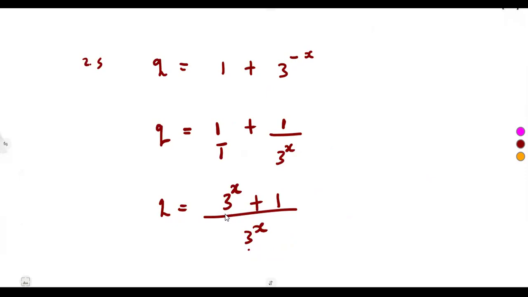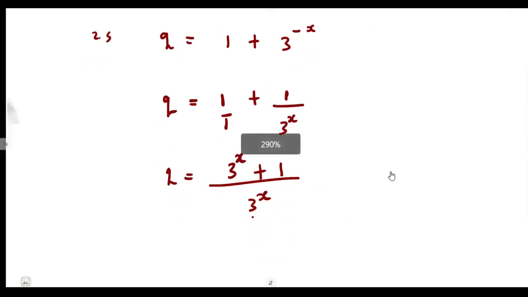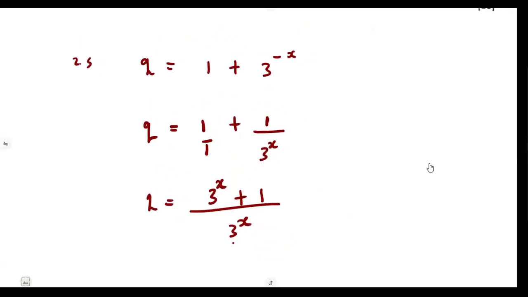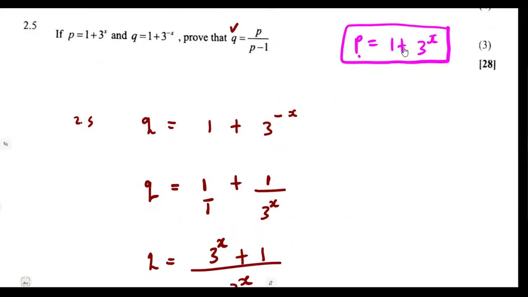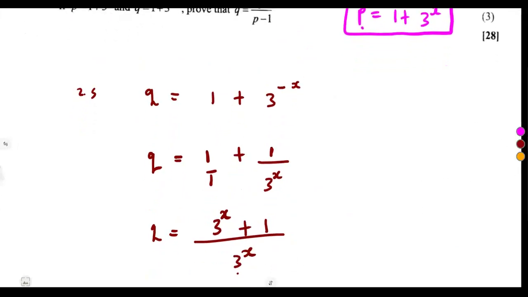If we can see it properly, we have that concept here. This is what we are having here. Remember P, and we said P is 1 plus 3 to the exponent of x. What about 3 to the exponent of x? It's written as what in terms of P, because we can see that there is a 3 to the exponent of x.